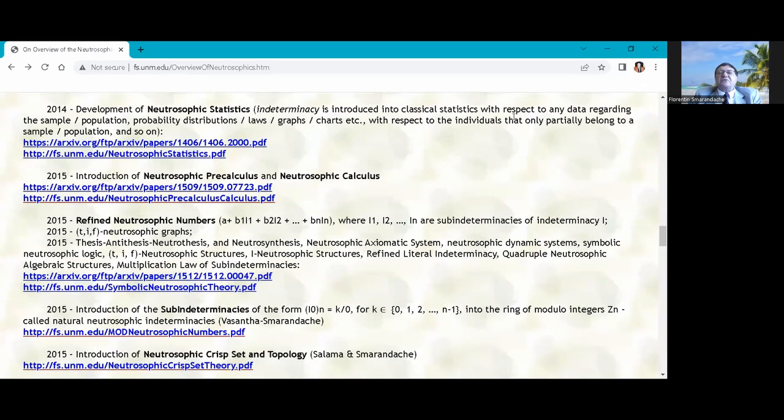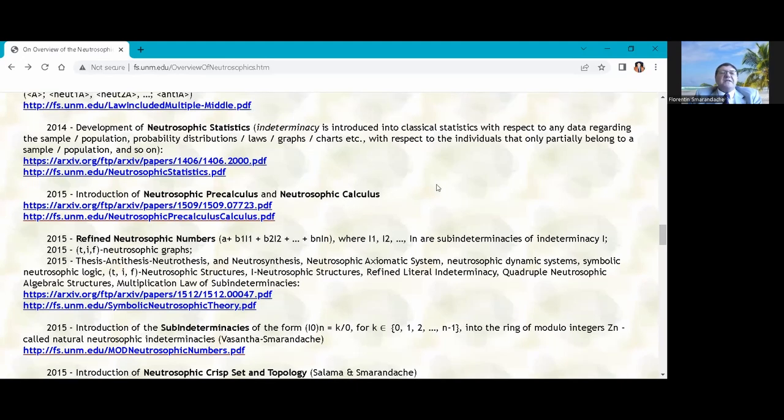Neutrosophic statistics was also based on indeterminacy, and instead of considering only interval statistics, we use all kinds of indeterminacies.